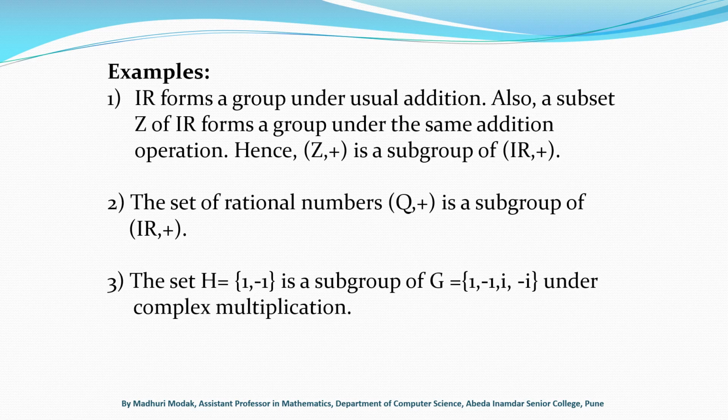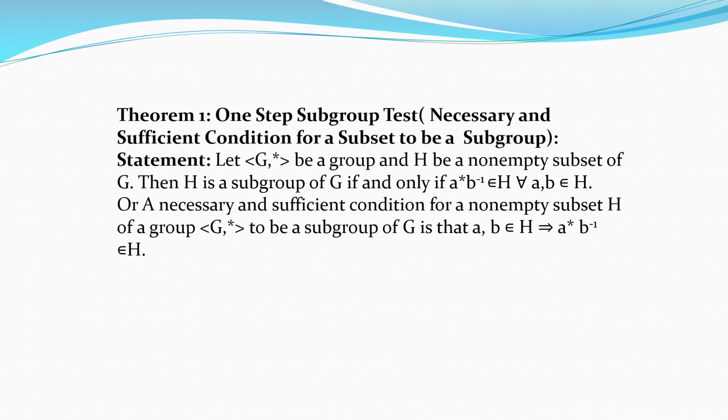under complex multiplication. Now, to show that some set H is a subgroup of G, or to check whether H is a subgroup of G or not, there are some subgroup tests. Theorem 1: the one-step subgroup test, a necessary and sufficient condition for a subset to be a subgroup. Now see the statement.